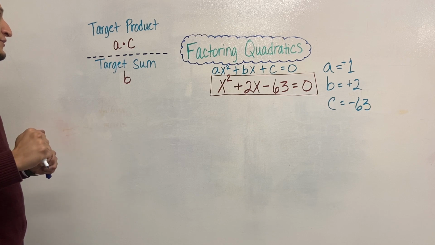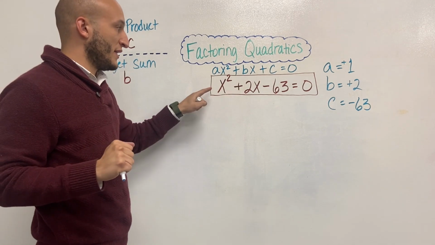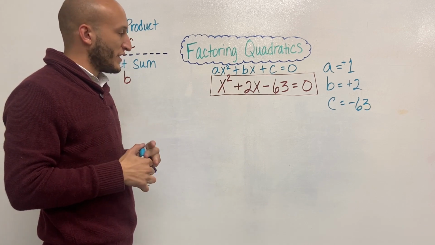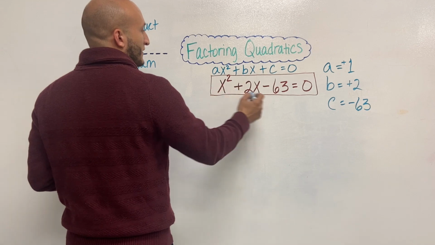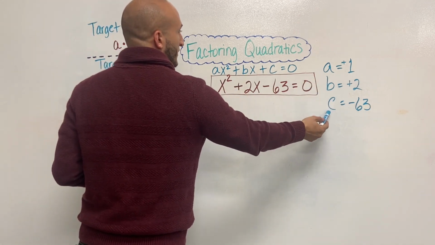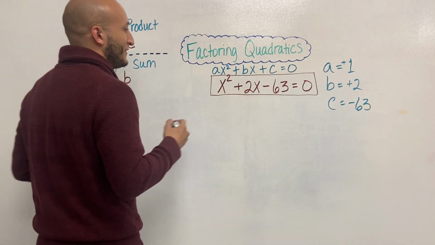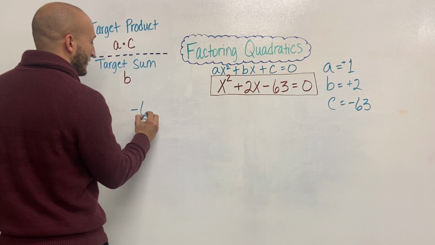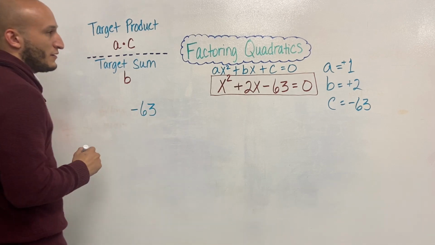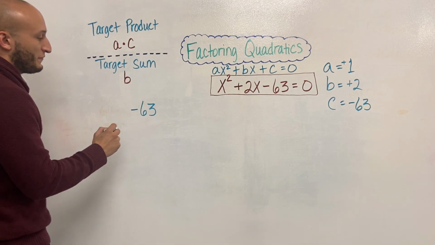The first thing to do is the target product. I take a look at my quadratic equation and say, well, A times C, which is 1 times negative 63. So I'm going to write that target product here: 1 times negative 63 would be negative 63.